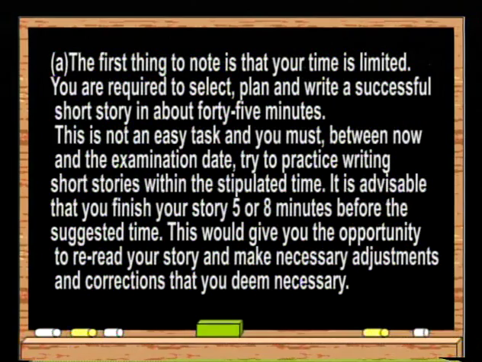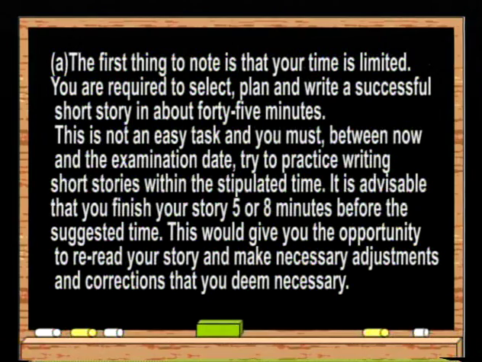The first thing to note is that your time is limited. You are required to select, plan, and write a successful short story in about 45 minutes. This is not an easy task, and you must, between now and the examination date, try to practice writing short stories within the stipulated time.